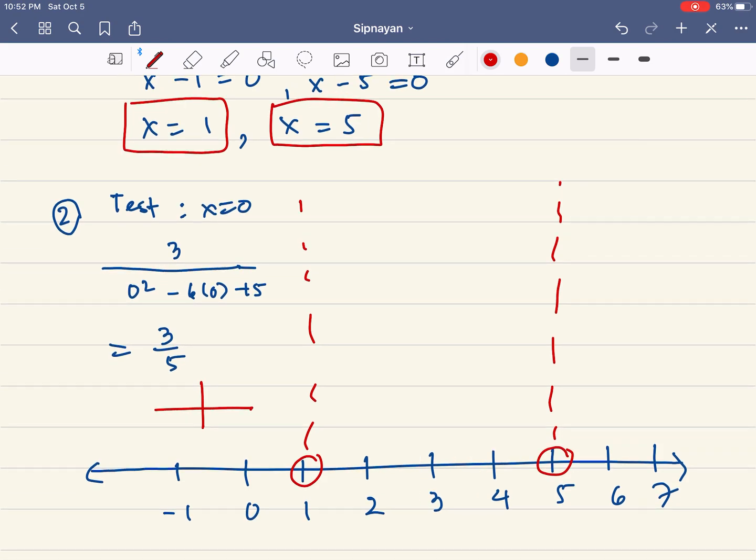Here we can test sa gitna. We can test x equals 2.